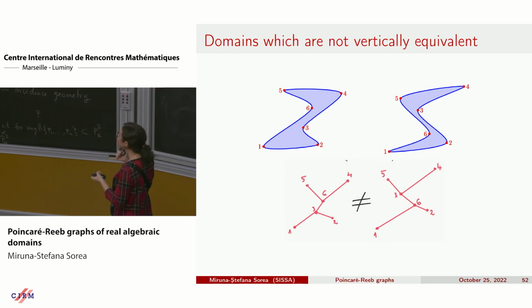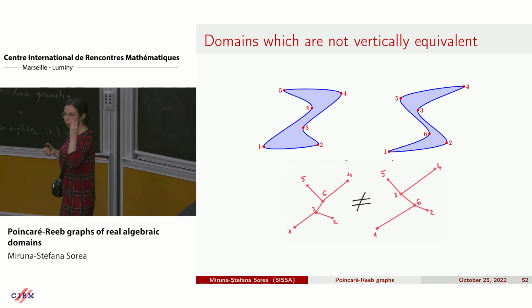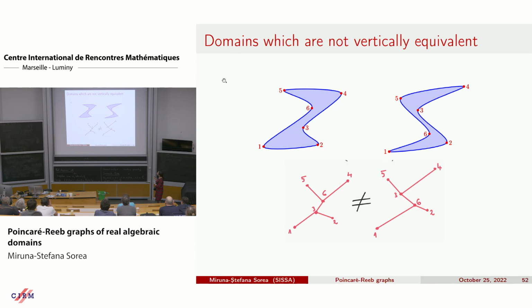For instance, thinking in terms of what I was talking about before with comparing two total order relations, you might want to consider two domains that are generic. First of all, these are not equivalent because their graphs are not equivalent.